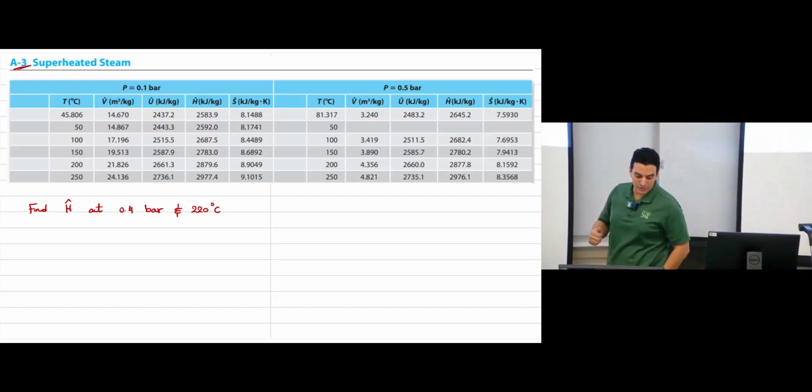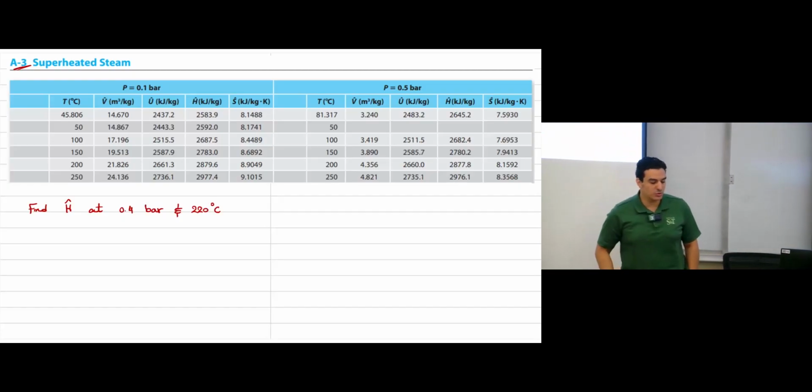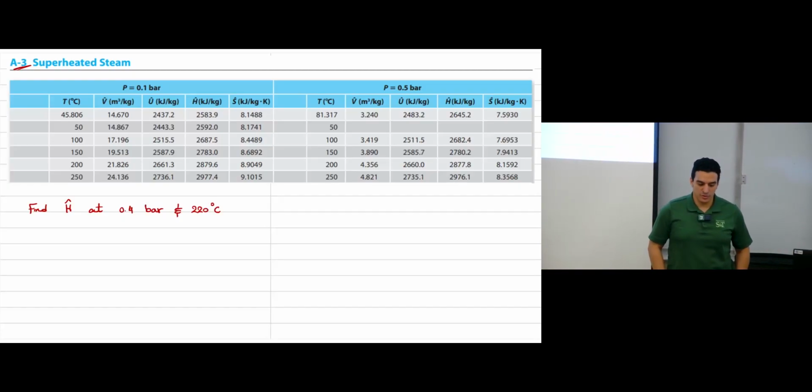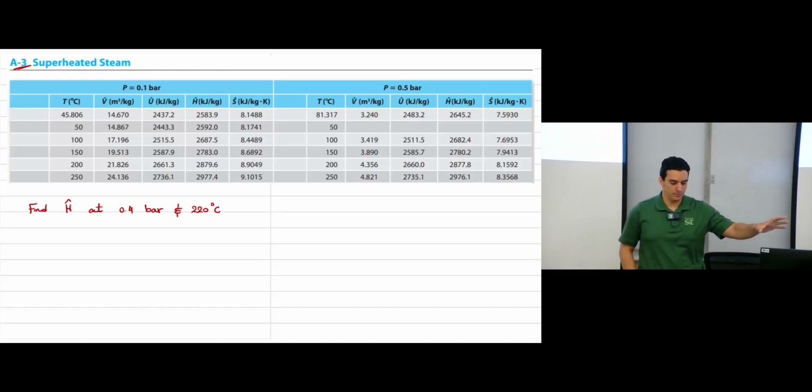Do we have this pressure there? We don't have 0.4. We have data for 0.1 bar.